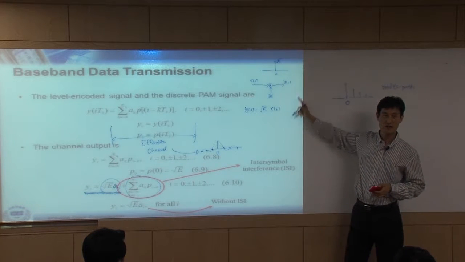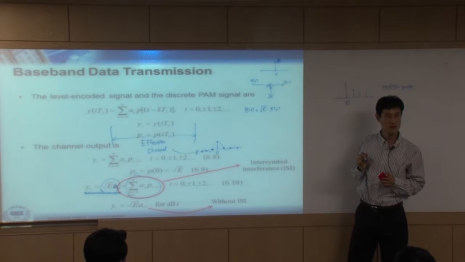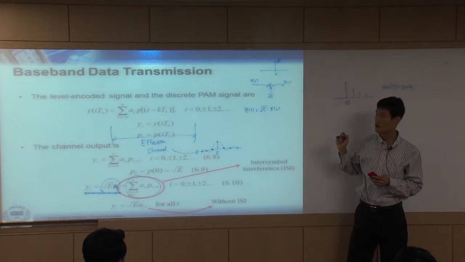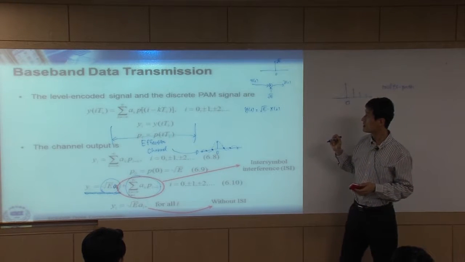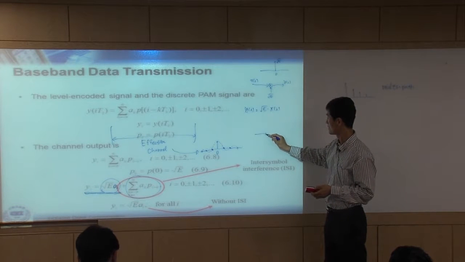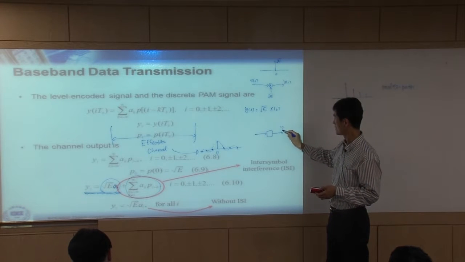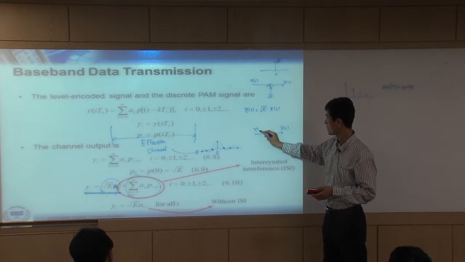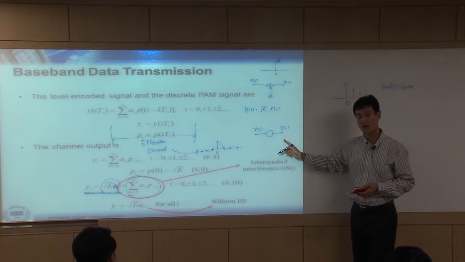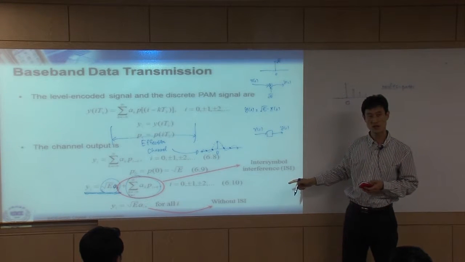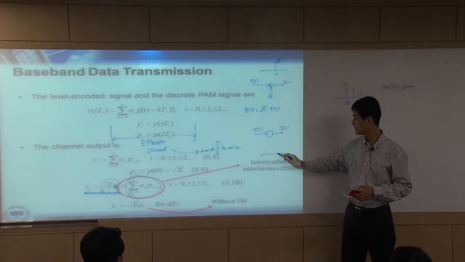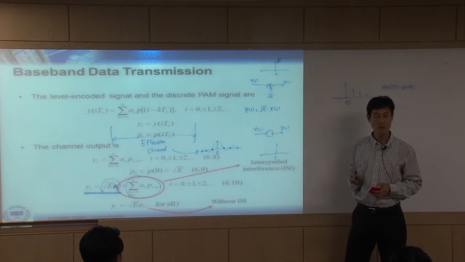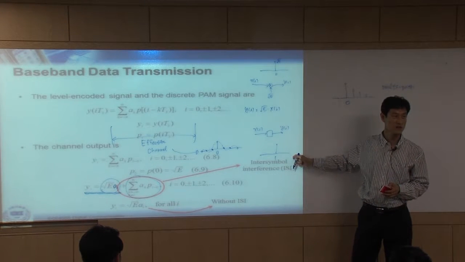This is the equation. All three are the same thing, right? These are the same thing. What about this? This is a block diagram. What is the impulse response of this block? This is impulse response of this block, right?